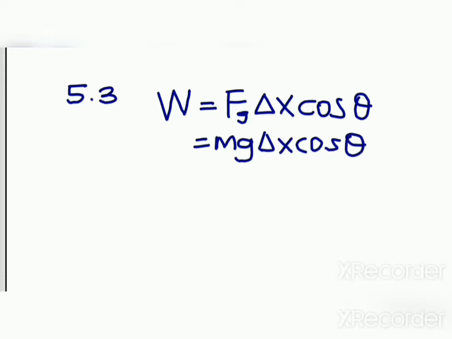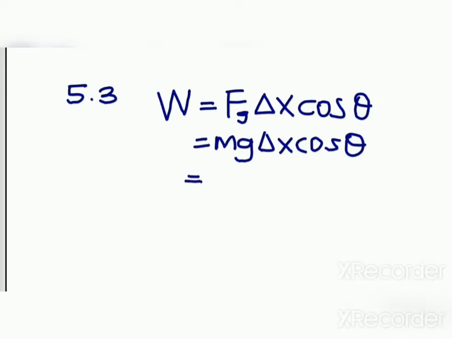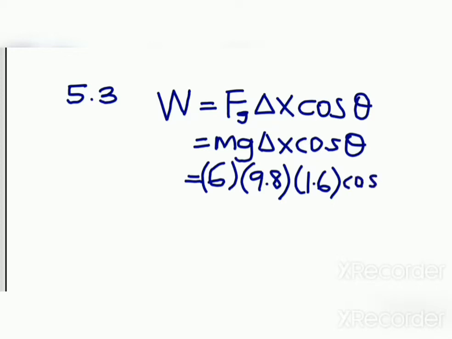Now we know the mass of the block is 6 kilograms. We know the value for our gravitational constant. Delta x, we know that it moves a distance of 1.6 meters. So substituting, mass is 6, gravity is 9.8, delta x is 1.6, cos of theta. Now what is our theta?